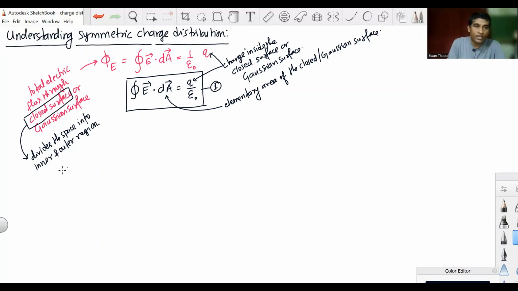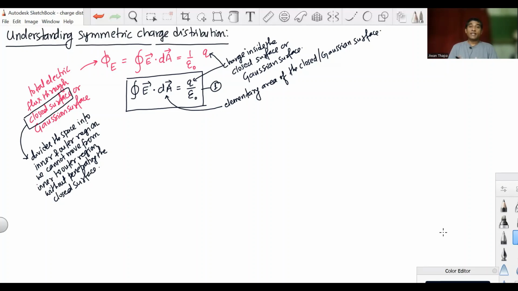That is, we cannot move from, let's say, inner to outer region without penetrating the closed surface.